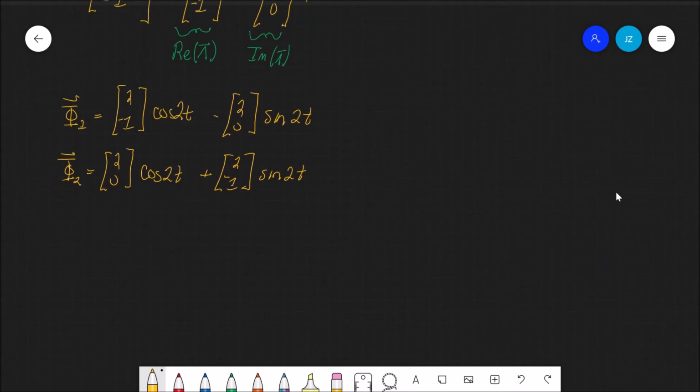So we can write our general solution in the form of c1 cosine 2t times (2, negative 1). I'm sorry, I royally screwed that one up.